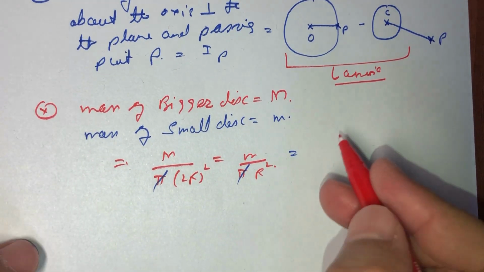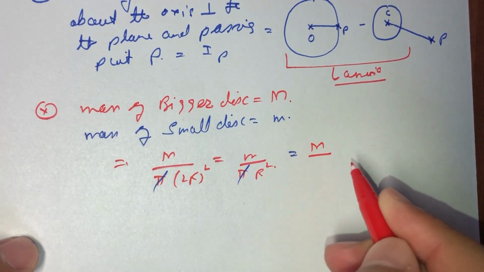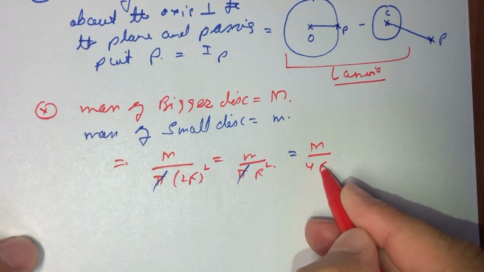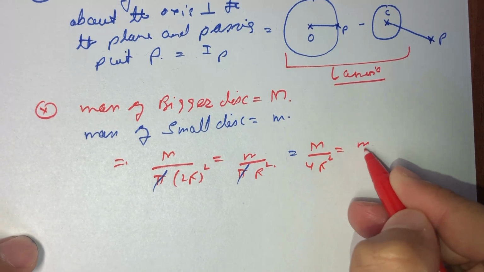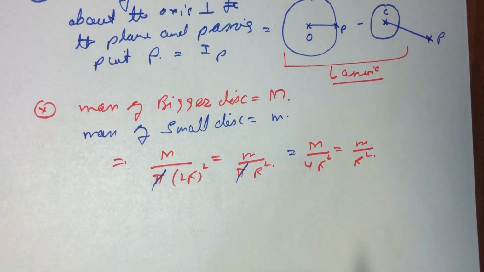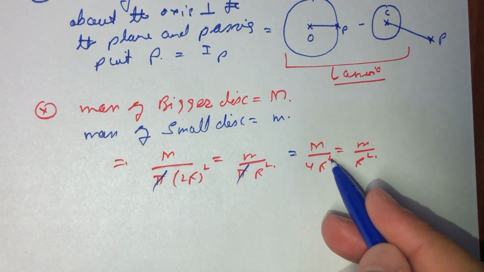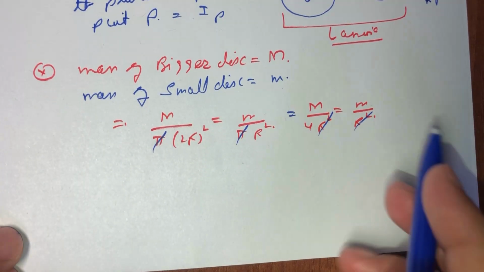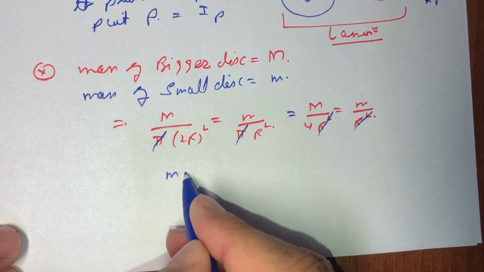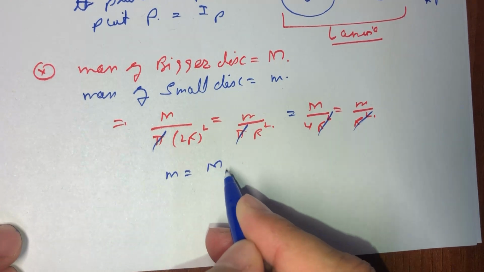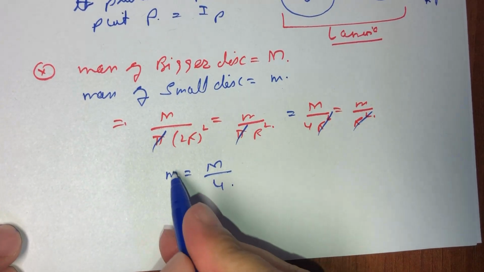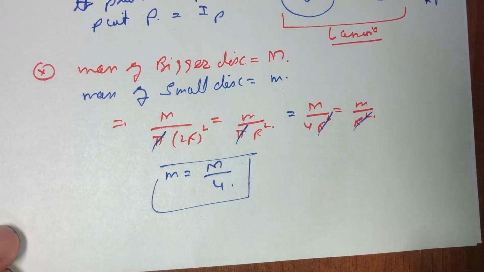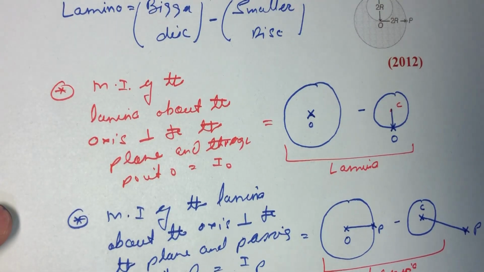So from here we get M upon 4r square is equal to small m divided by r square. r square and r square go away. Therefore we can say the mass of the smaller disk is equal to the mass of the bigger disk divided by 4. This relationship we are going to use later on in order to solve it.